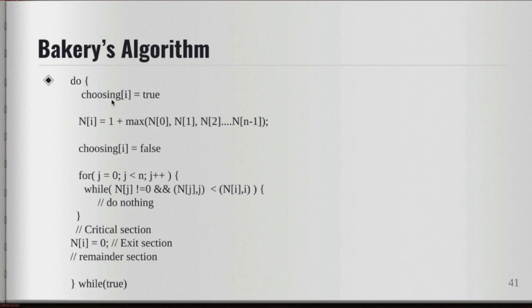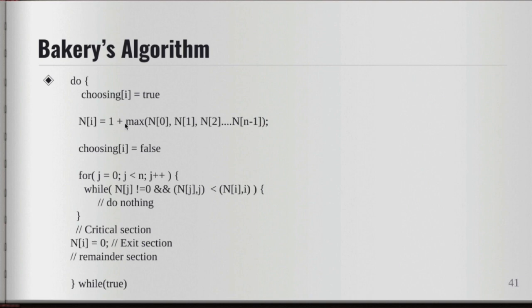It is going to set choosing[i] equal to true. By setting choosing[i] to true, it lets the other processes know that it is choosing a token number. Then it chooses a token number larger than the token numbers assigned to other processes. The max gives the largest token number assigned so far, and you add 1 to that.